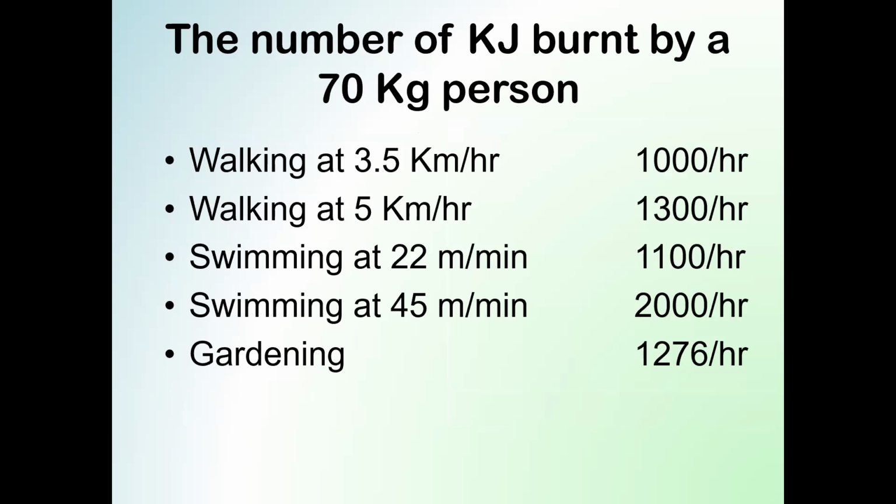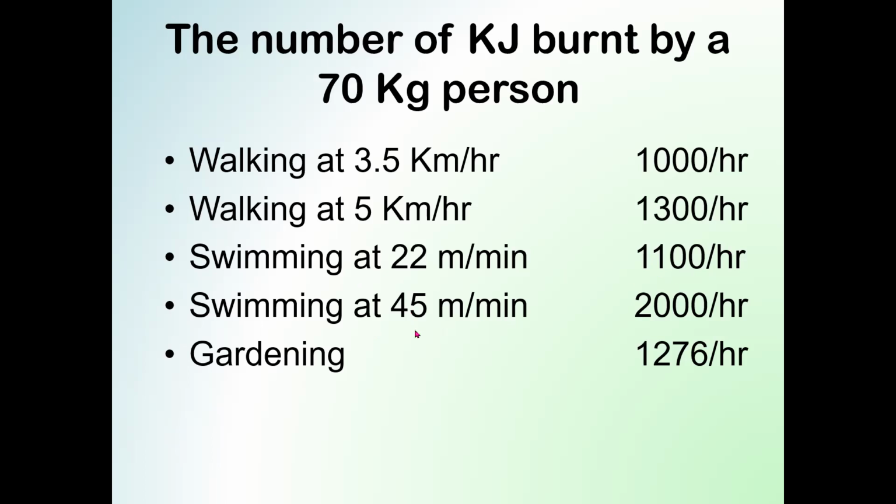And the number of kilojoules that are burnt by a 70 kilogram person, if you're walking at 3.5 kilometers per hour, you're using about 1,000 kilojoules. At 5 kilometers per hour, 1,300. If you're swimming at 22 meters per minute, you're using 1,100.